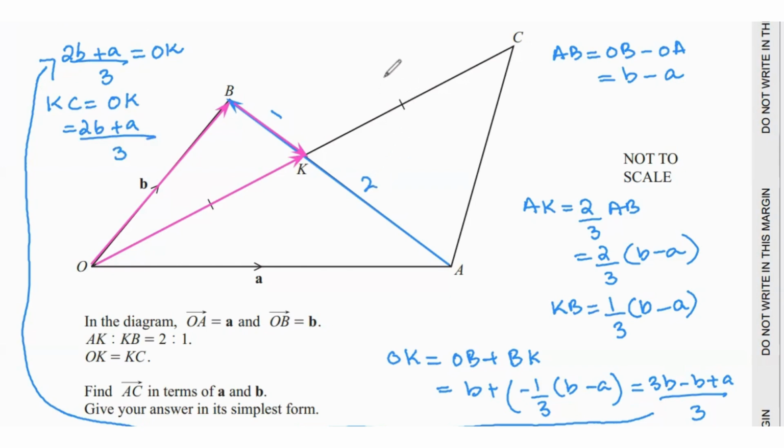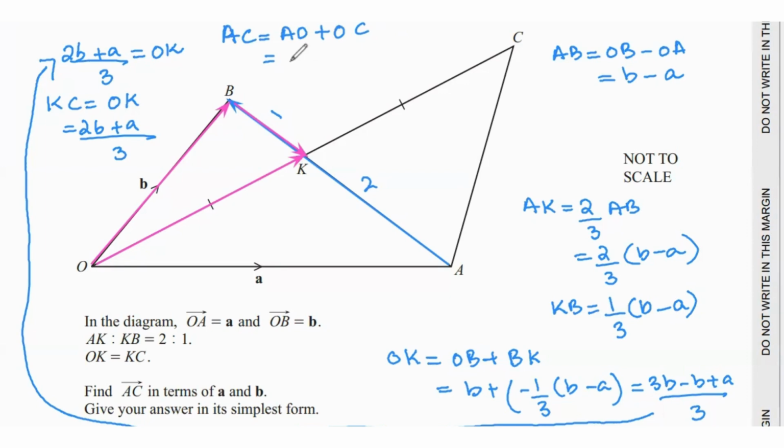So to find AC now, we can do AO plus OC. So AC is AO plus OC. Now OC is twice of KC or OK, whichever you want to use.